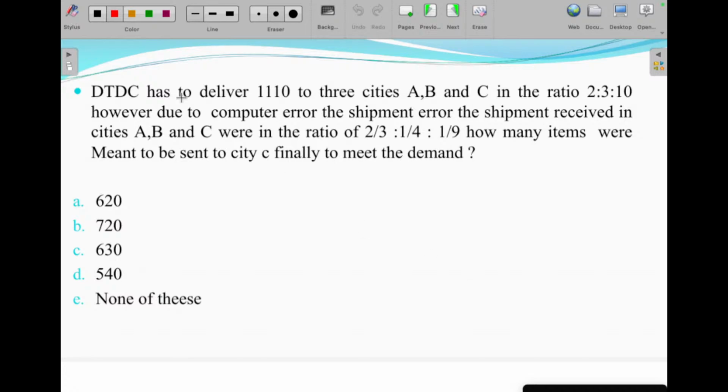See, I have 1110 items. Actually, I need to send like this: A, B, C are the cities.